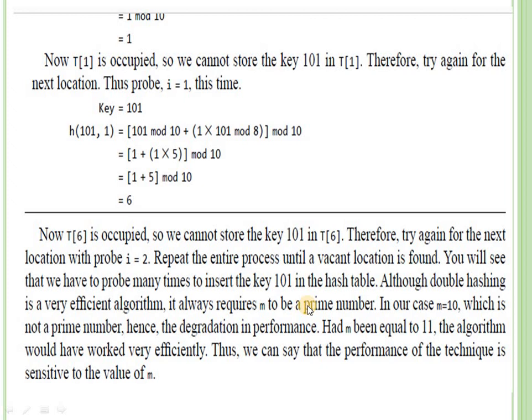If we assign a prime number to m, then we get the answer fast, otherwise it will take more time. Now in our case m is 10, which is not a prime number, hence performance is degraded. Had m been equal to 11, the algorithm would have worked efficiently.